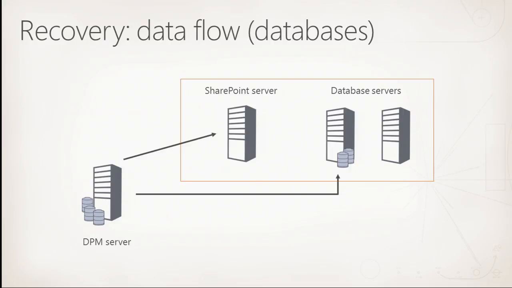When we overwrite a database, we may be changing the actual list of site collections existing in our farm, depending on when that backup was taken, and whether sites have been added or removed between the backup and what's currently in the production set of data. So by DPM making that call to SharePoint, we can refresh the sitemap and update that list to ensure the sitemap in our configuration database is in sync with what we have in our content databases. As I mentioned, that's a rare scenario, hopefully, having to overwrite a database in that manner.